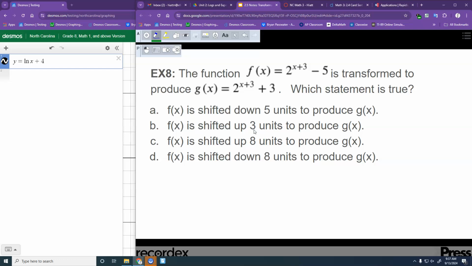Different letters thrown around here. Talk to your neighbor. See if you guys can agree on what you think it should be. I don't think you'll need y equals x plus b on this one.